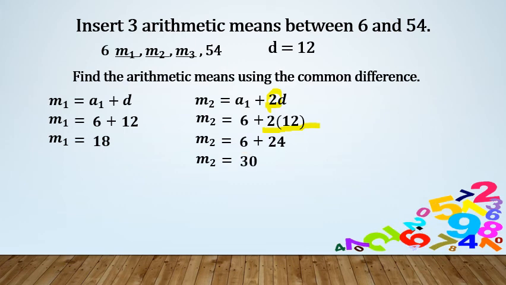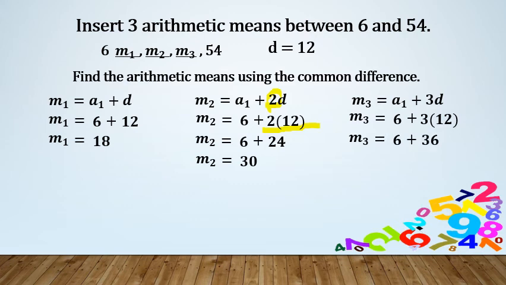We have 30. For the third term, we have m sub 3 equals a sub 1 plus 3d. M sub 3 equals 6 plus 3 times 12. M sub 3 equals 6 plus 36. Saan galing ang 36? Galing sa 3 times 12.